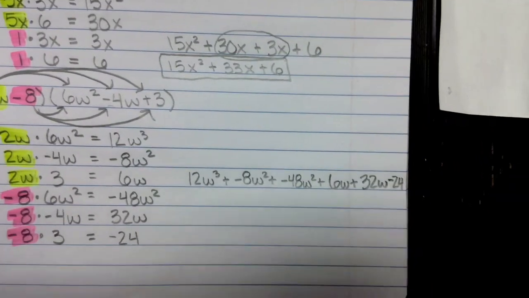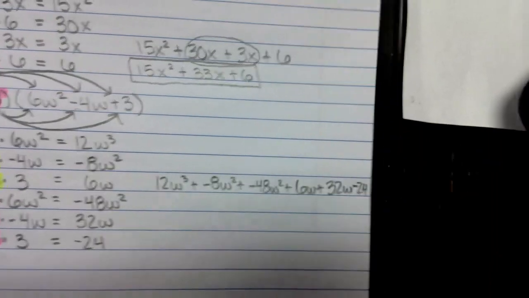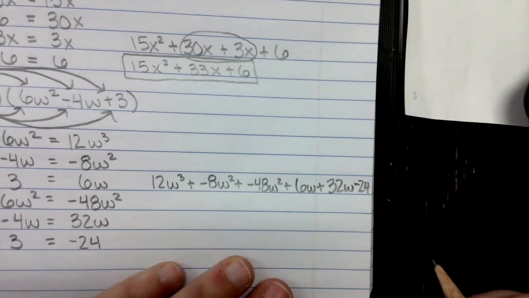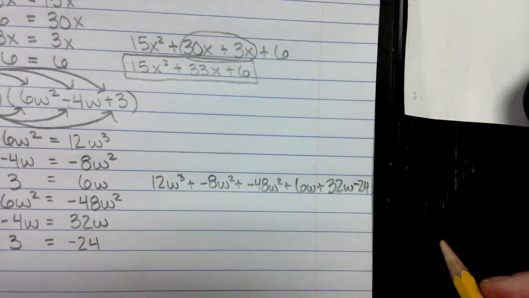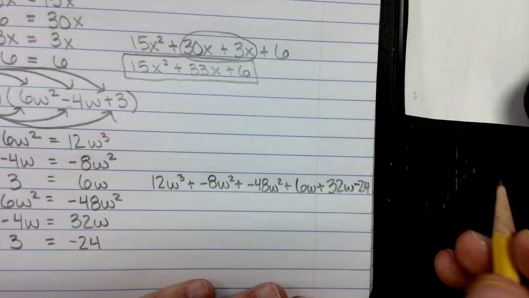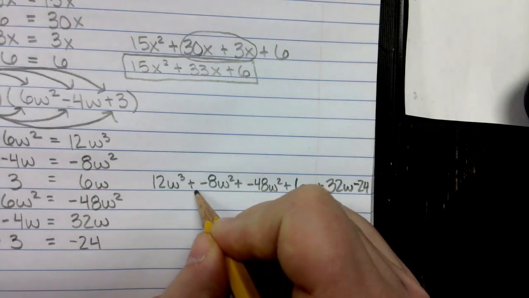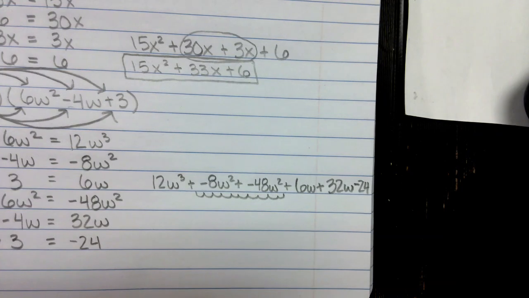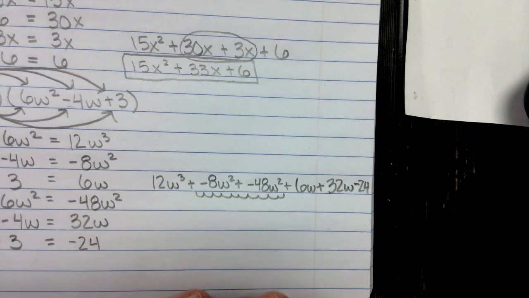Combine like terms. Which ones are the like terms? Yep, we have these w squareds. Anything else that's like terms? The w's, the 32w and the 6w. So this 12w to the third was the only one. It can just stay as it is.